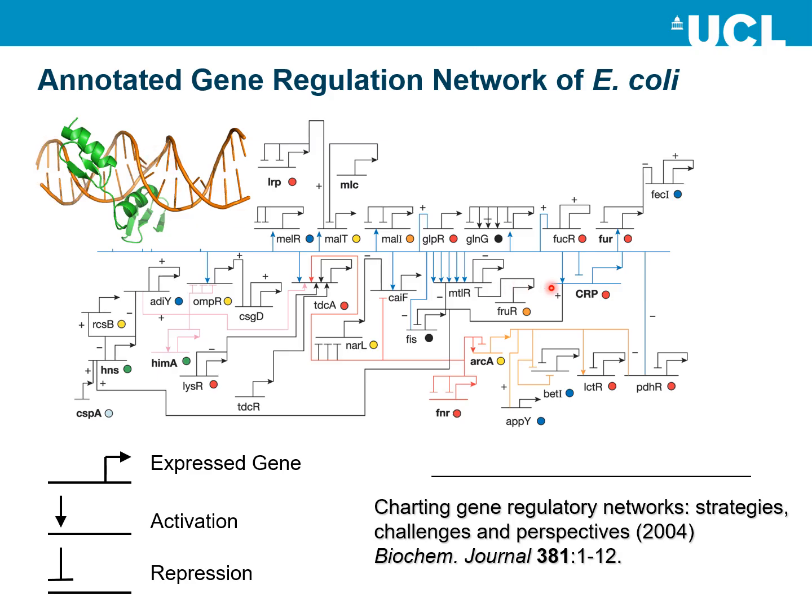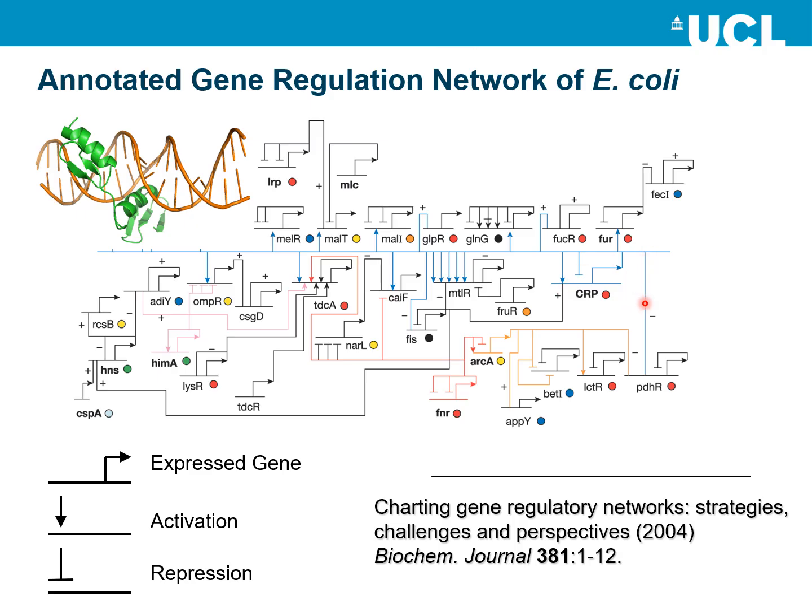You have the DNA, and then we're getting things like this binding onto it to actually repress and activate the expression of the gene. So you have to imagine the complexity of the previous diagram, but at this level of detail.